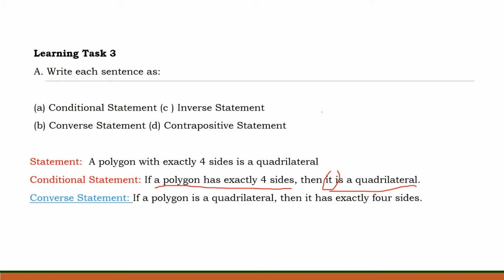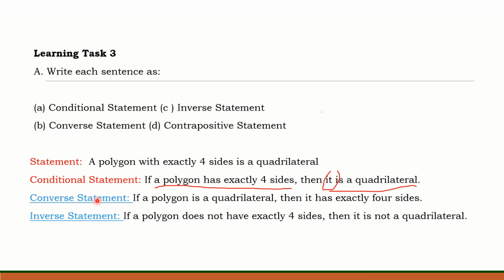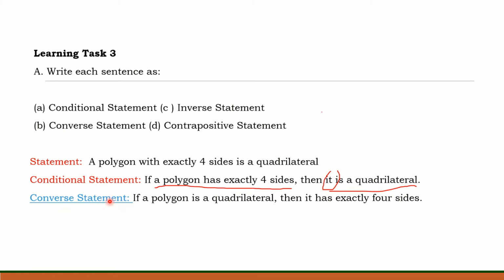Okay, next. Our converse statement. Let us recall first again what a converse statement is. We all know that a converse statement is when you interchange the hypothesis and the conclusion in the conditional statement. So we're just going to swap these two.